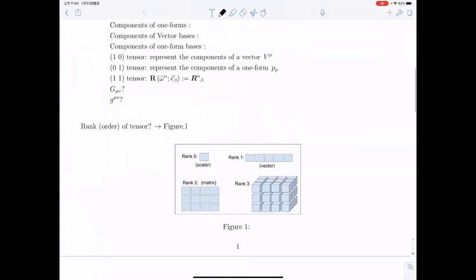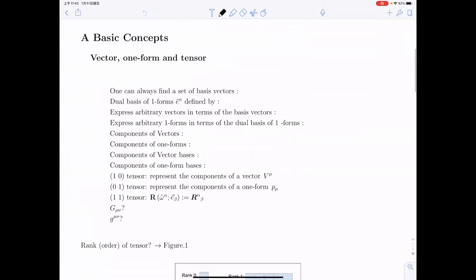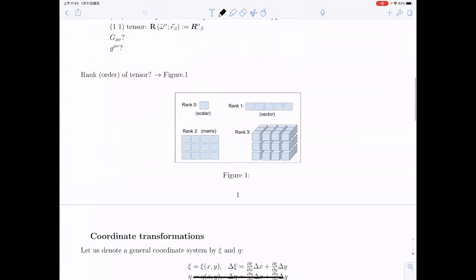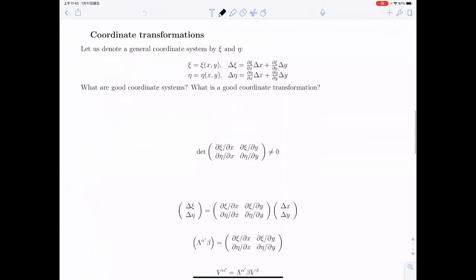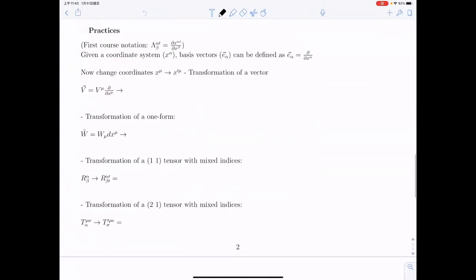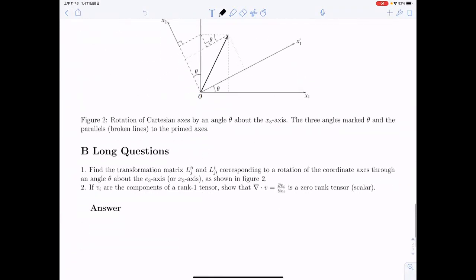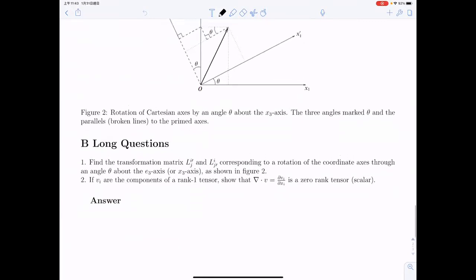I want to make your concepts about vectors, one-forms and tensors clear, and also introduce what a coordinate transformation is, and what exactly a so-called good coordinate system and a good coordinate transformation are. There are also some practice questions and 2 long questions for you to take up.